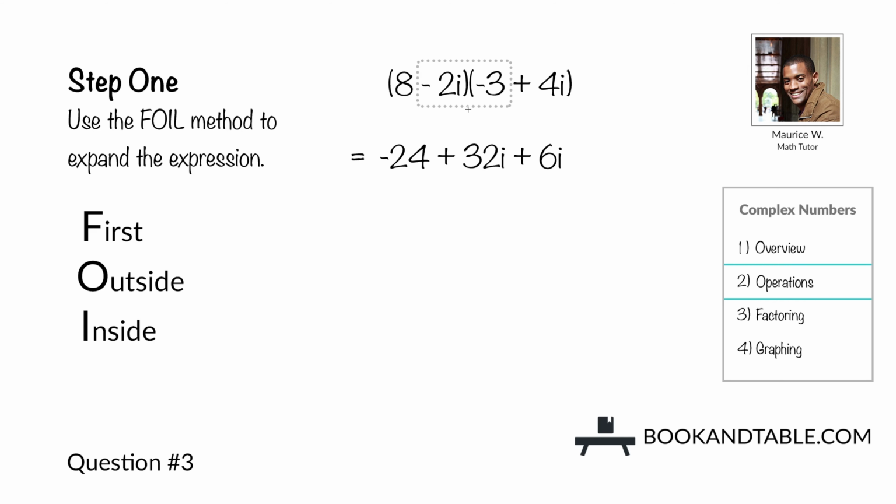Negative 2i times negative 3 is equal to positive 6i. And negative 2i times positive 4i is equal to negative 8i squared.